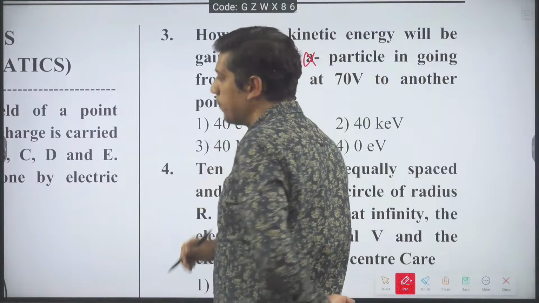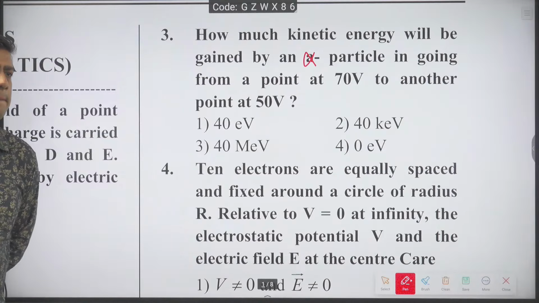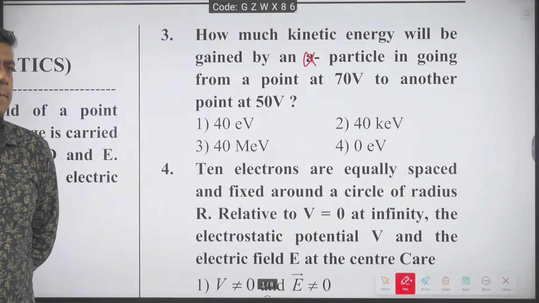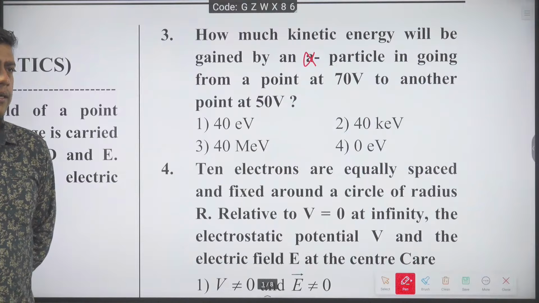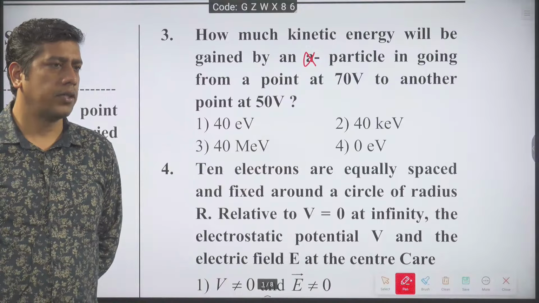This is an alpha particle. Okay, some people are saying 1, 4, 1, the first option.